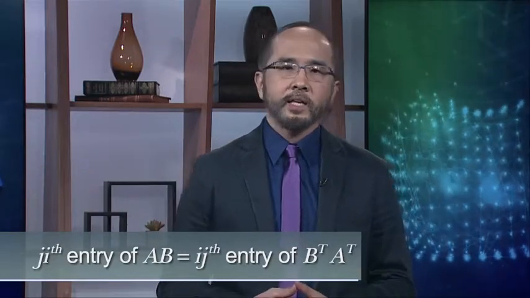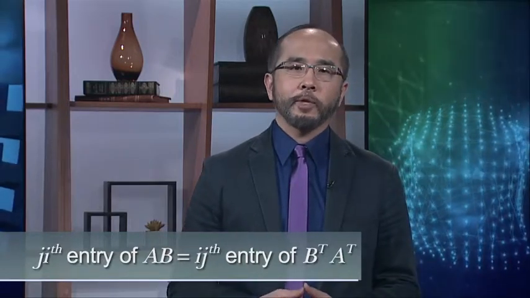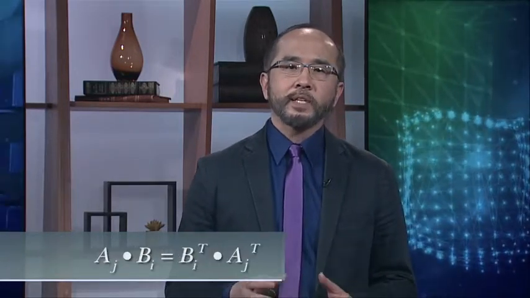You just have to check that the jith entry of AB is the ijth entry of B transpose A transpose using the row-column formula. But the left side is just the dot product of the jth row of A with the ith column of B, and the right side is the dot product of the ith row of B transpose with the jth column of A transpose. But these are just the same quantity.